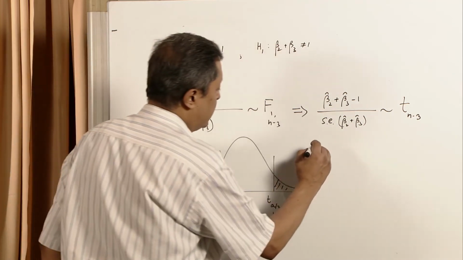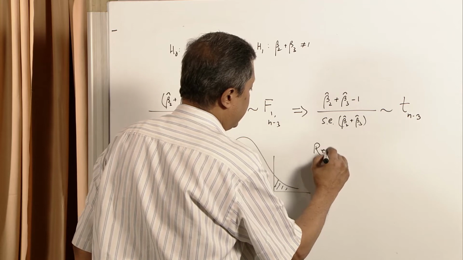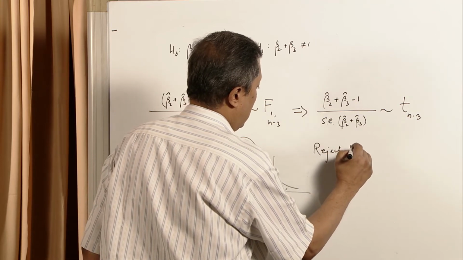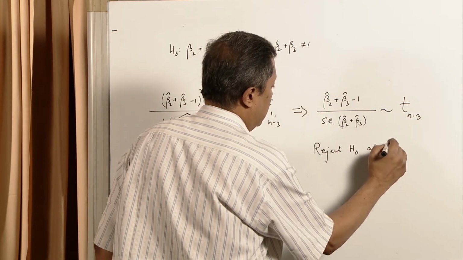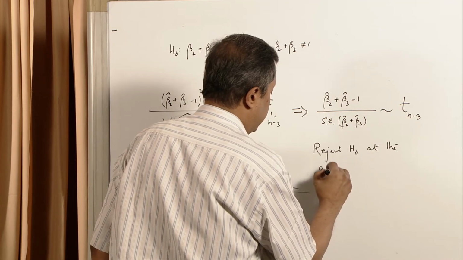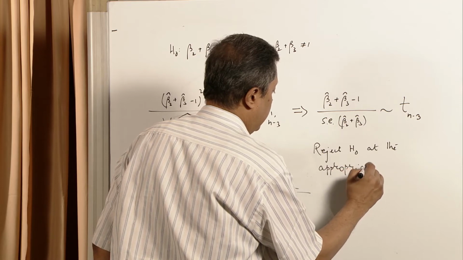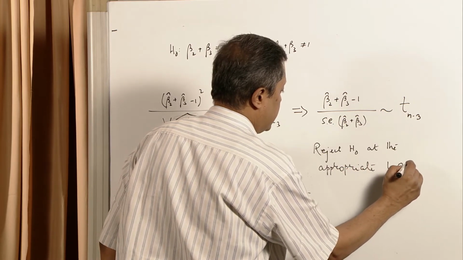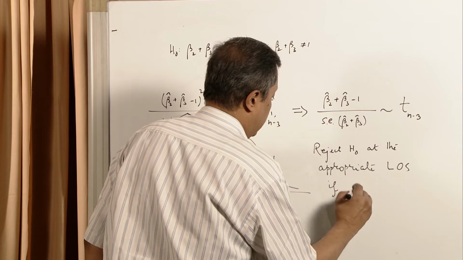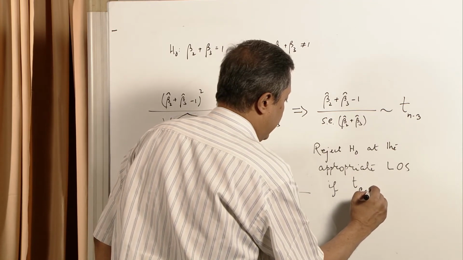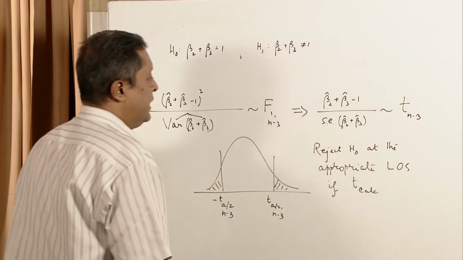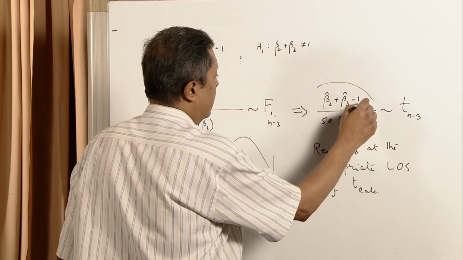So, the decision rule is we reject H naught at the appropriate level of significance if t calculated exceeds the modulus of t alpha by 2 with n minus 3 degrees of freedom. What is t calculated? This is t calculated.